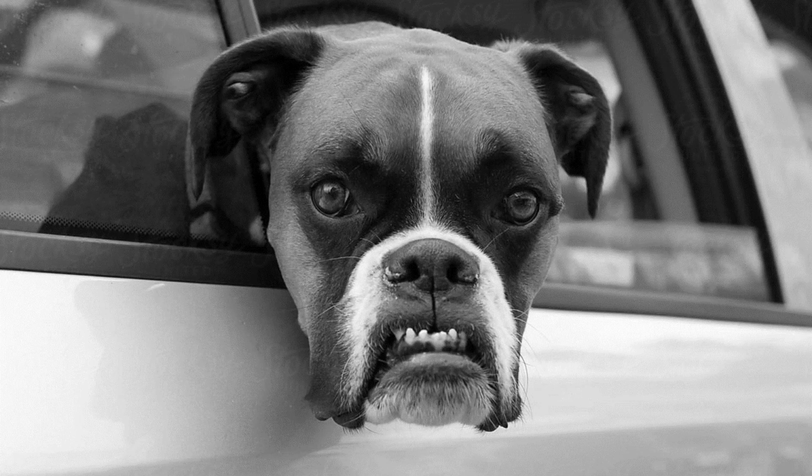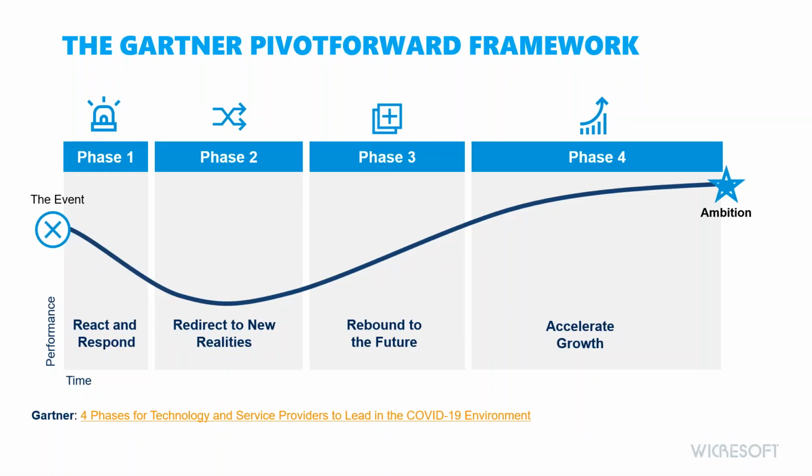So it's all about how well you respond, how quickly you can move, and how well you can deal with all of that. Now, Gartner, let's look at the Gartner Framework. We work with Gartner, the analytics and research firm, and I was talking with them the other day, and they showed me this, and I thought, well, this is kind of helpful. And if you want more information on this, there's a link there at the bottom.